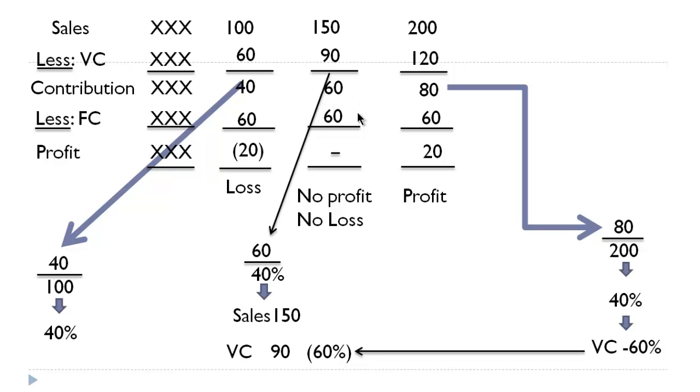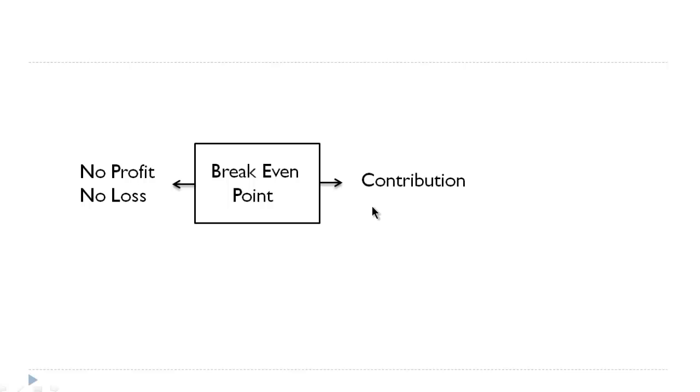The point at which the contribution is equal to fixed cost is the break-even point. Let us summarize. At break-even point, there will not be any profit and there will not be any loss. At break-even point, the contribution will be equal to fixed cost.